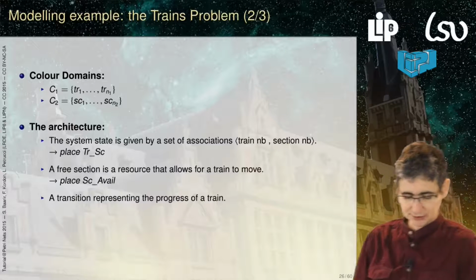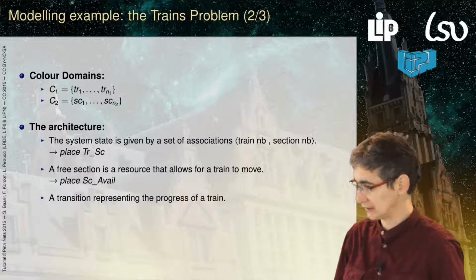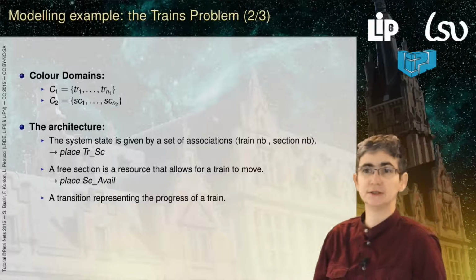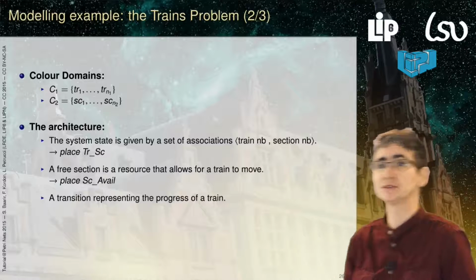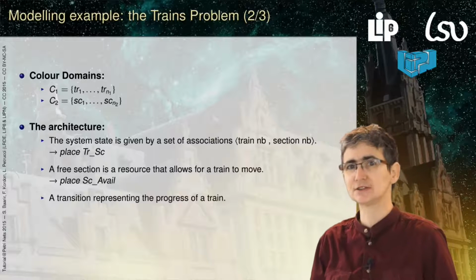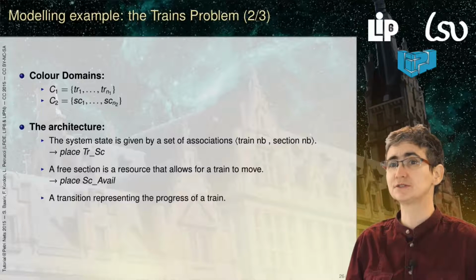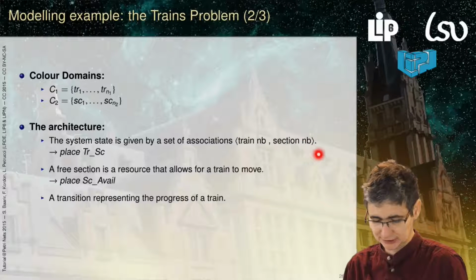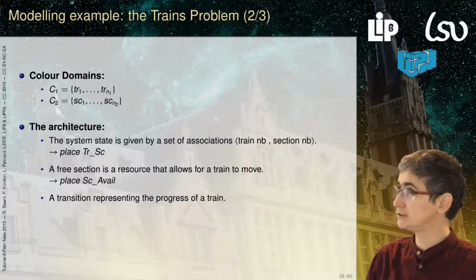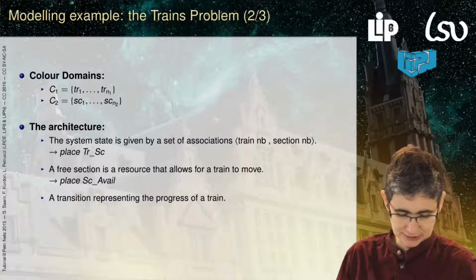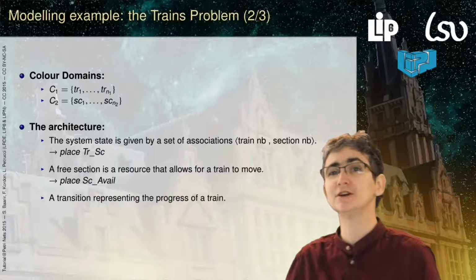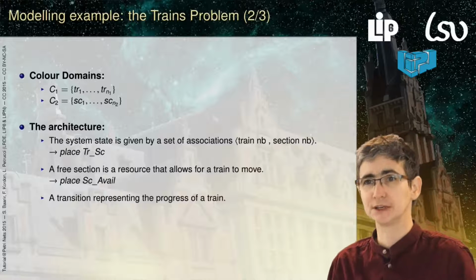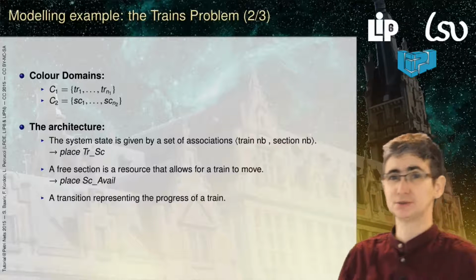In the architecture of our net, we'll have places and transitions. So the places will give the state of our systems, so the state of trains and sections. We can have a train on a section, so there will be an association between a train and a section here, and that will lead to a place that we will name TRSC for a train on a section. So this will express the fact that a particular train is present on a particular section.